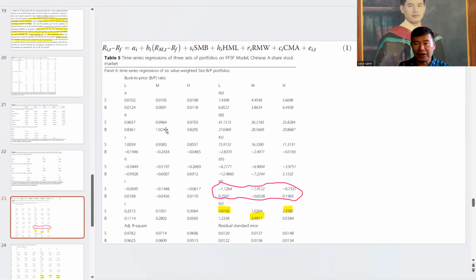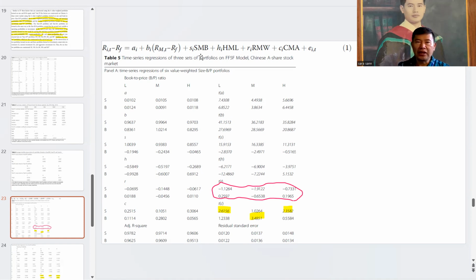When the market excess return goes up, the excess return goes up 102.14%. This means that if you look at the market excess return, you should invest in a portfolio with big size to medium book to market ratio. Because of what? Because it gives you the greatest excess return of 102.14 based on the size.